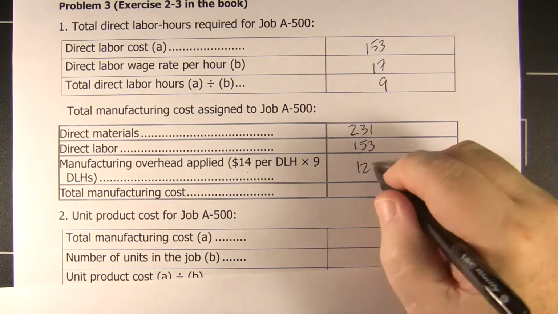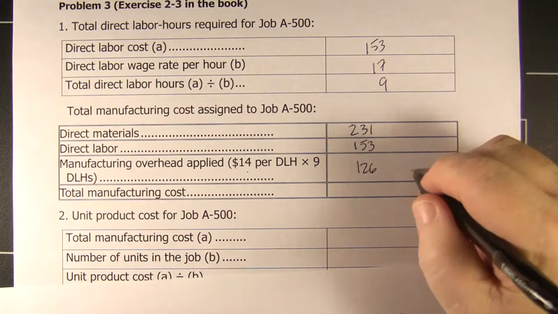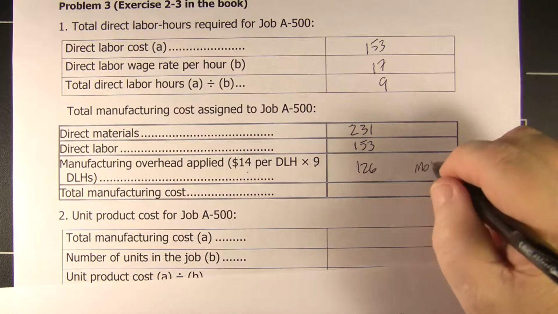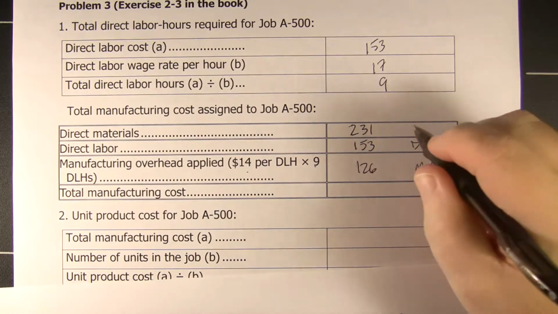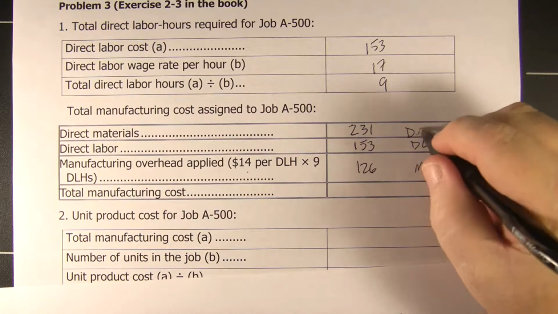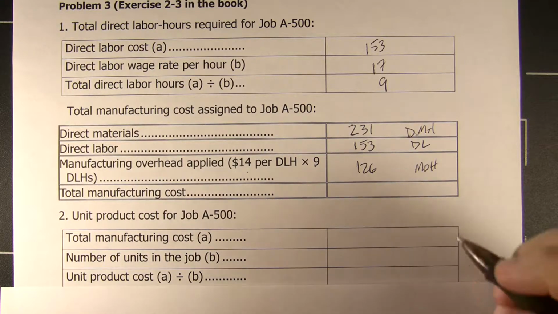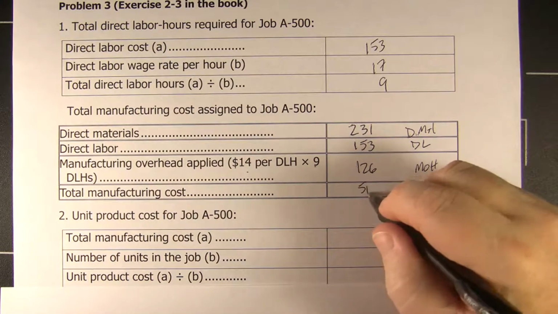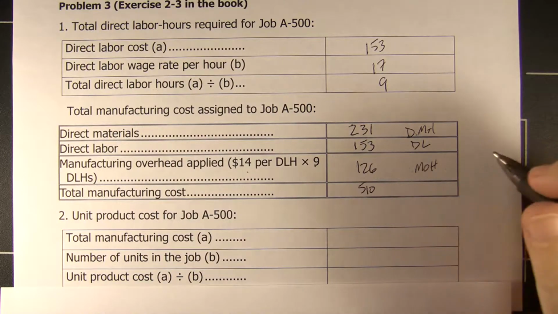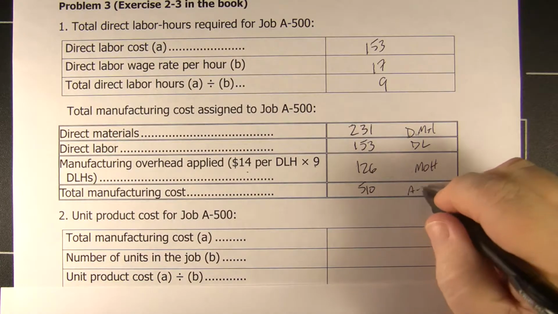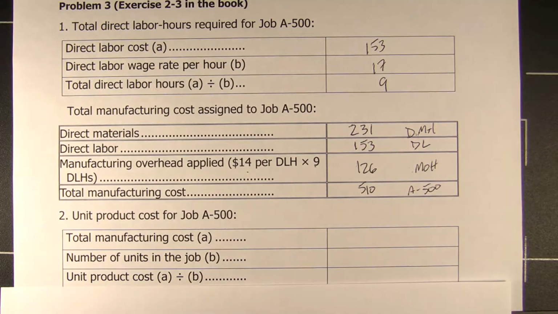That's $126. That's overhead. That's direct labor. That's direct material. Yep, I label everything. So our total manufacturing cost for job A500 was $510.